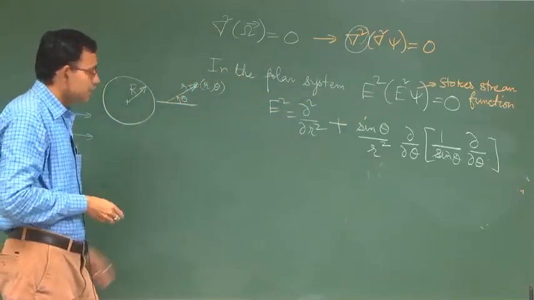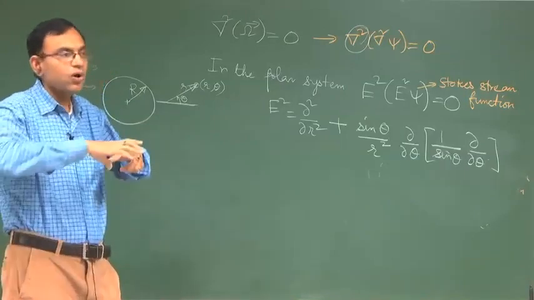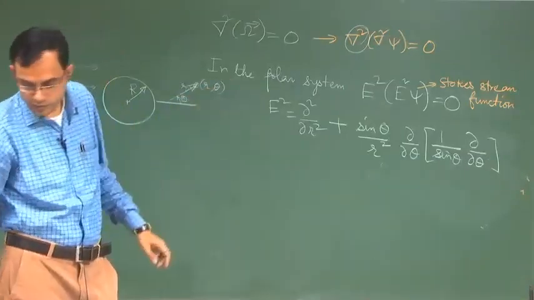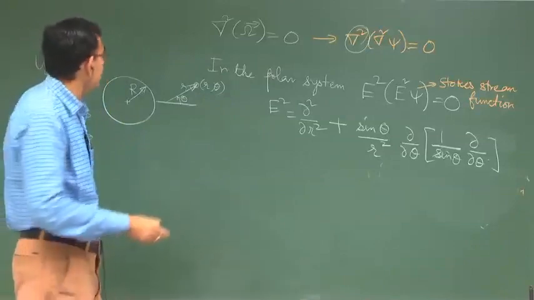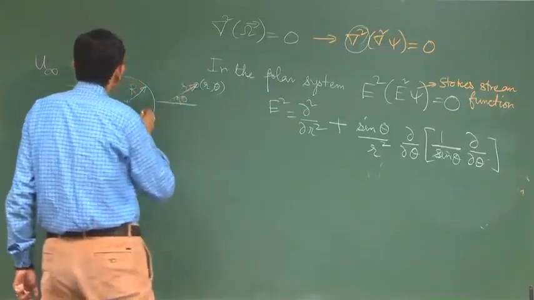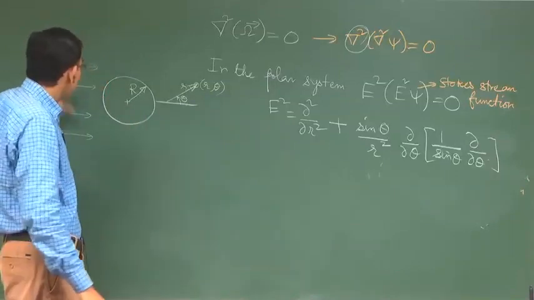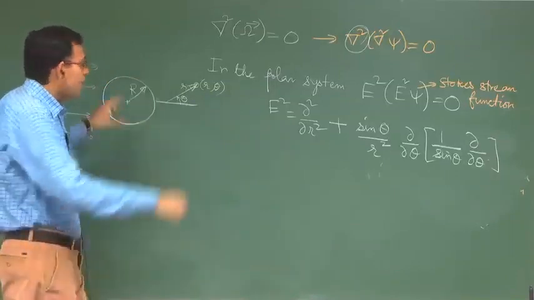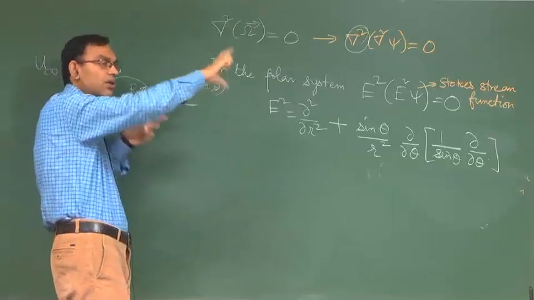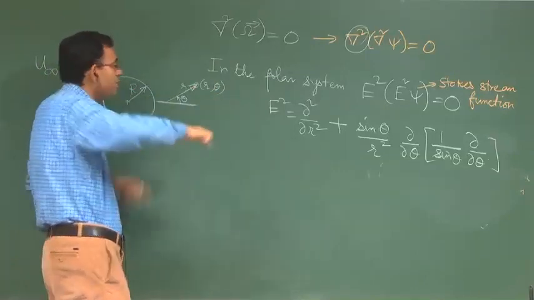So to do that, let us understand what the flow is far away from the sphere. It is again parallel like this. Far away means the influence of the sphere is gone, so it becomes again parallel like this.